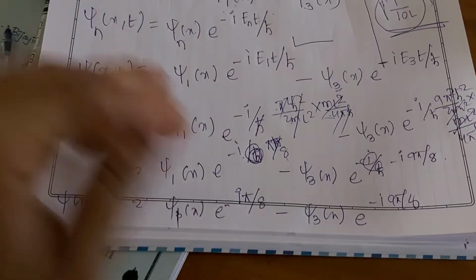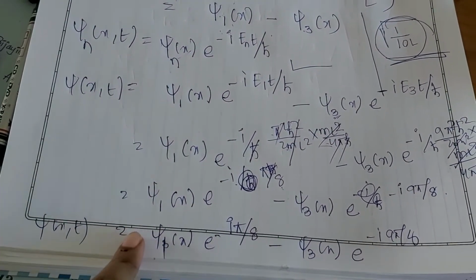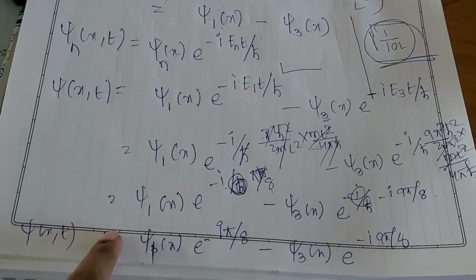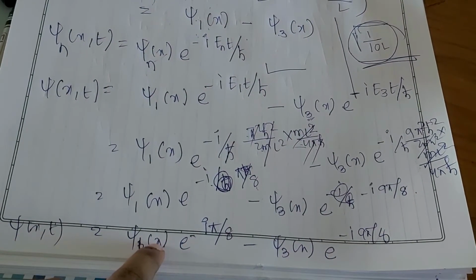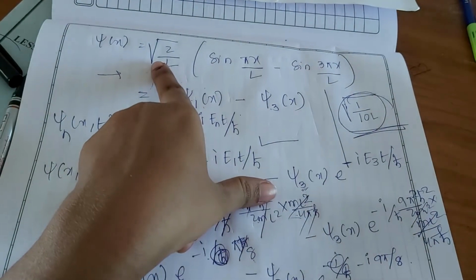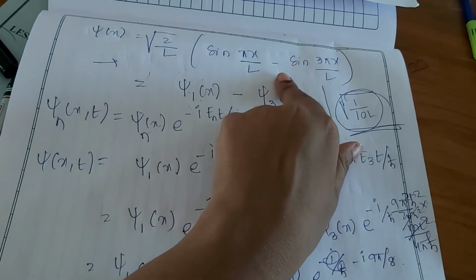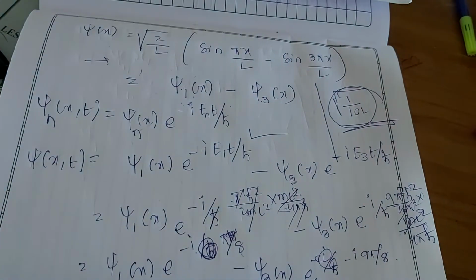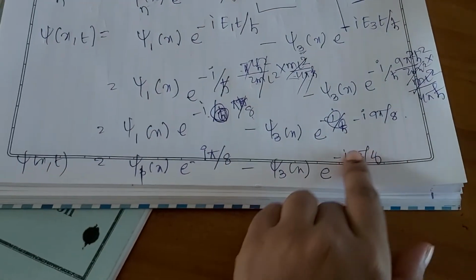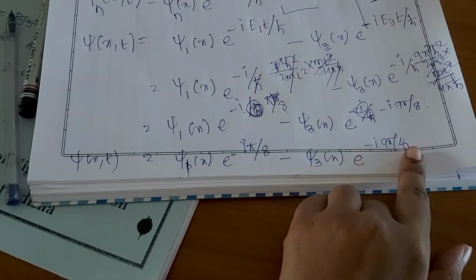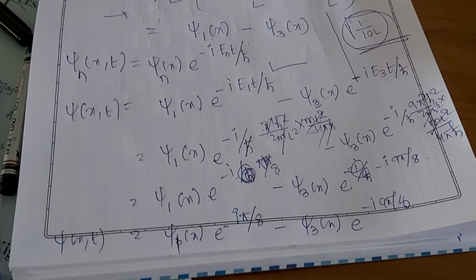In this question, the format is in terms of root 2 by L sin, so this is also converted to that form. Root 2 by L sin pi x by L e to the power minus i pi by 8, minus sin 3 pi x by L e to the power minus i 9 pi by 8. This will be the answer for this question.